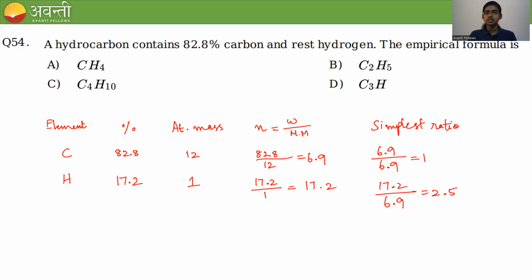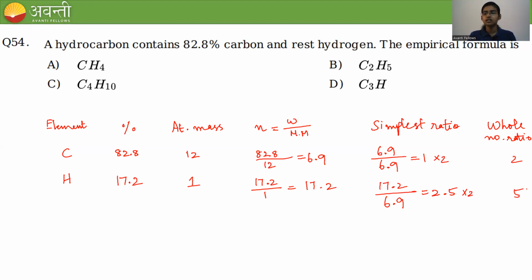Still the answer is in fraction. So we have to make it a whole number, right? So we have to try multiplying by 2, 3 like that. First let us try multiplying by 2 to get the whole number ratio. If you multiply 1 by 2, you will get 2. And if you multiply 2.5 by 2, you will get 5.